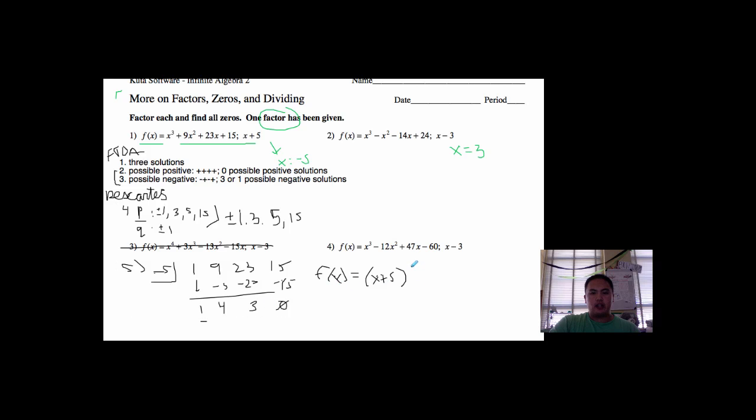I'm going to say 1x squared, 4x, plus 3. So the cool thing about this is that I've already factored it once, and now all I care about is this one right here.